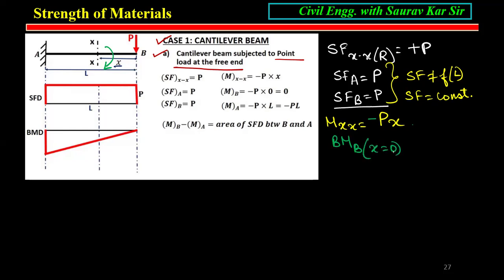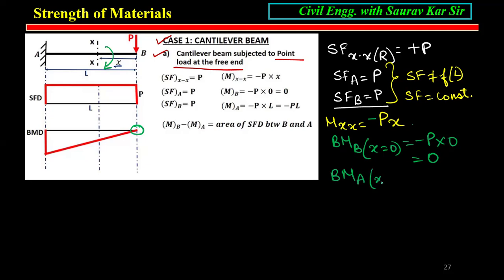X is 0, because I am starting X from B only. X value starts from B. So if I imagine you are walking from point B to point A, having an evening walk, at point B, X is 0, so minus P into 0, no bending moment. So see here, at point B it is 0. The bending moment at A.